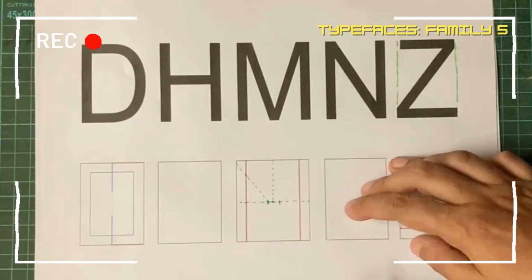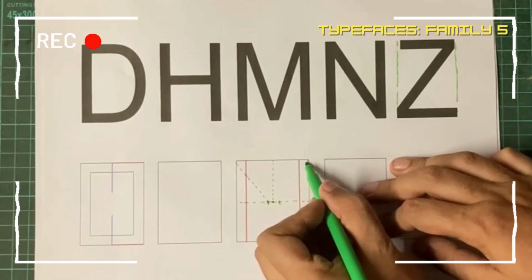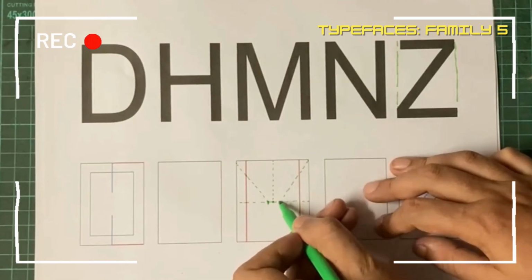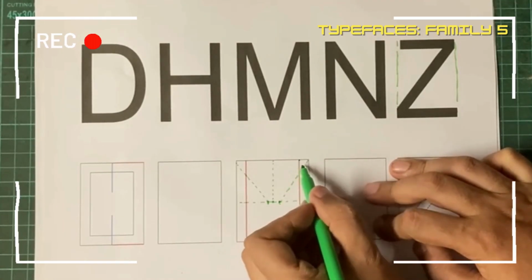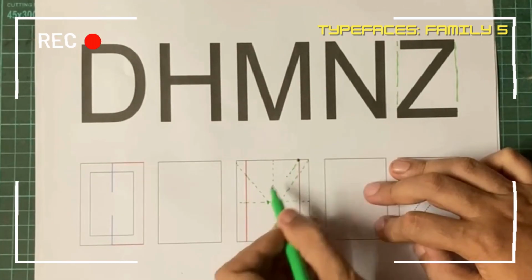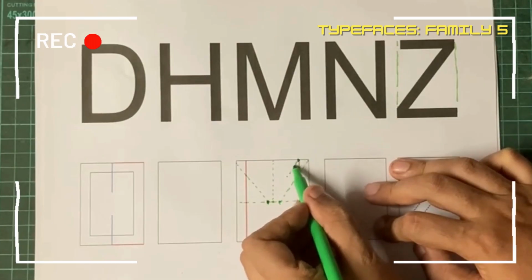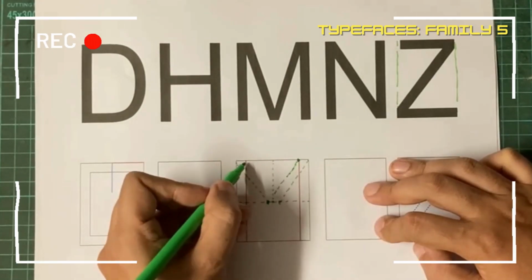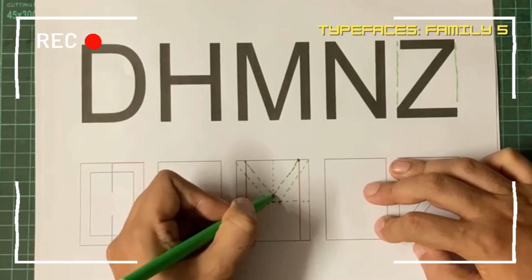So we're going to the corner, and similarly over here also we will join it to the corner, which means if I take this thickness and I follow the same angle, or I follow from here to this point, then I will get to see the M look like this.